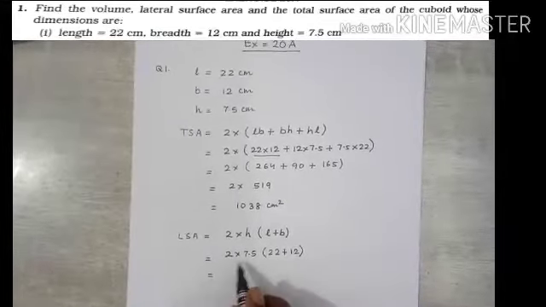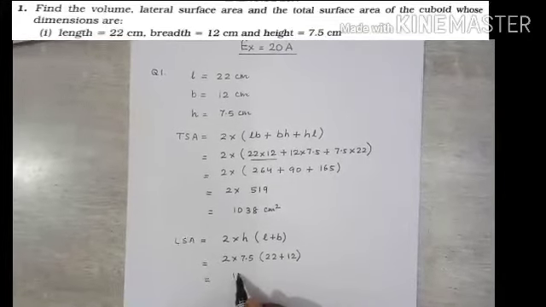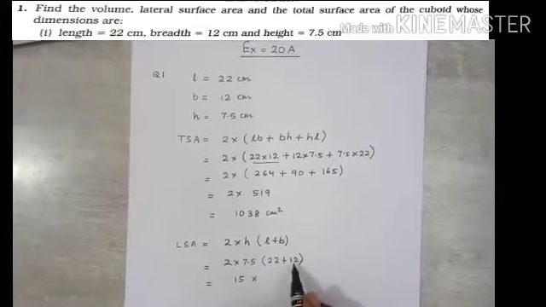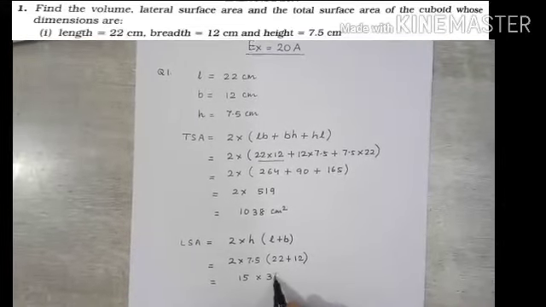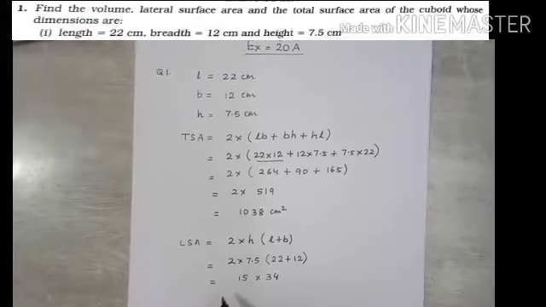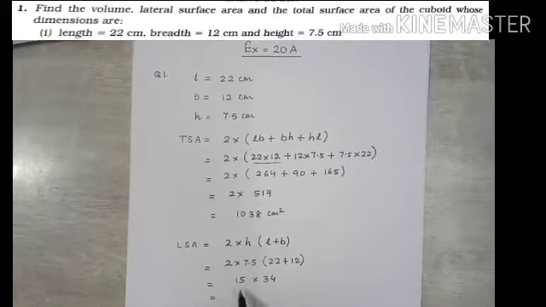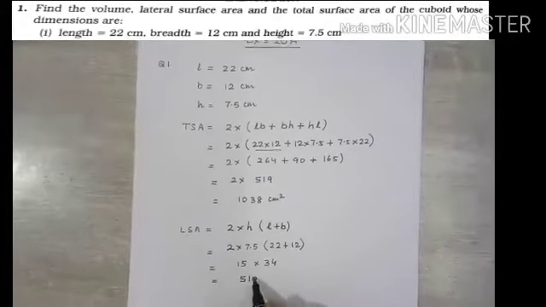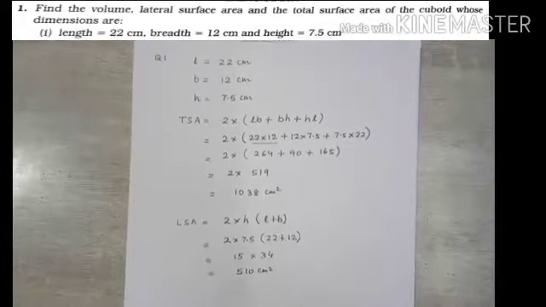Now simply multiply 7.5 by 2 to get 15, into 22 plus 12 equals 34. Now again we multiply 15 into 34, it equals 510 square centimeter.